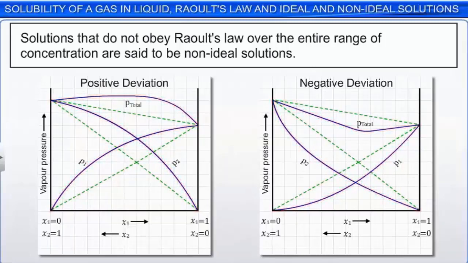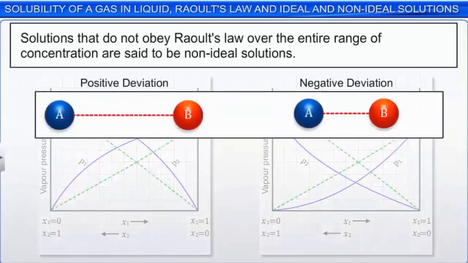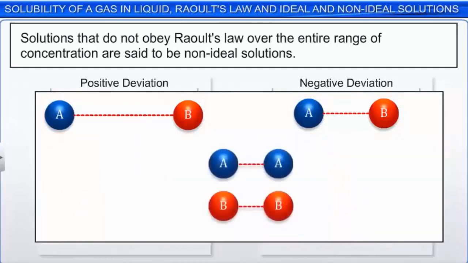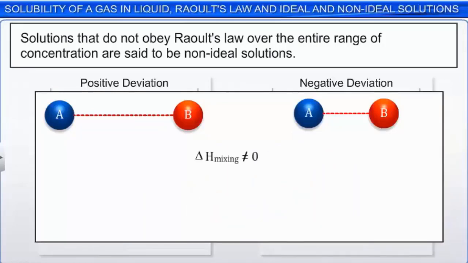The reasons for the deviation are the intermolecular interactions at the molecular level. For a non-ideal solution, the magnitude of AB interactions is not same as the magnitude of AA and BB interactions. Also, delta H mixing is not equal to 0 and delta V mixing is not equal to 0 for such solutions.